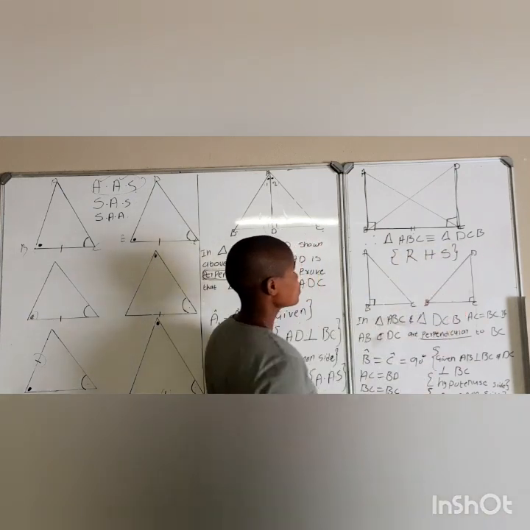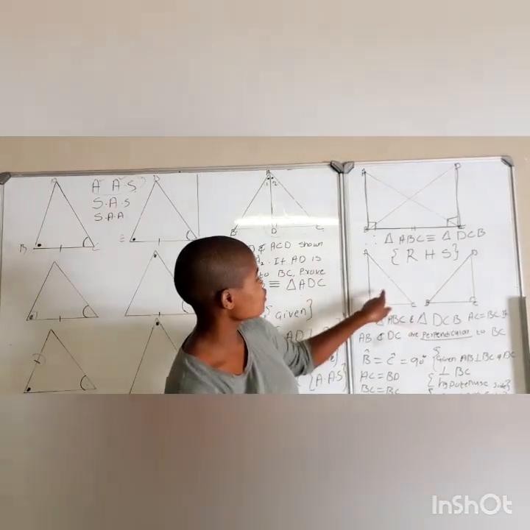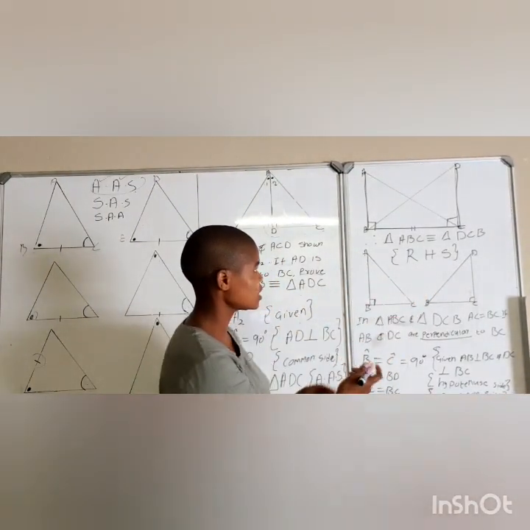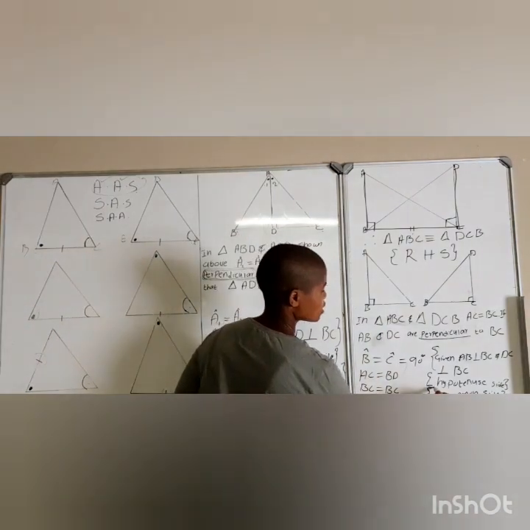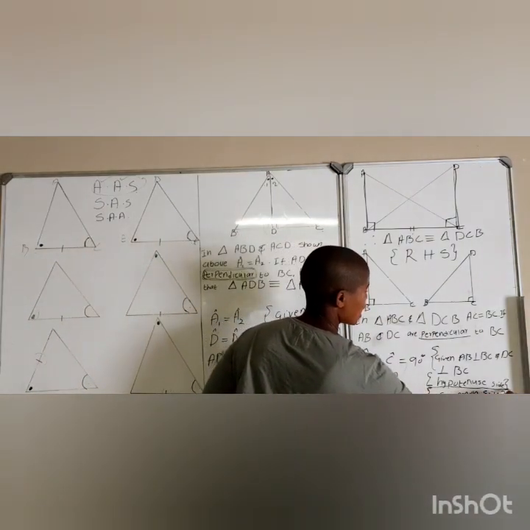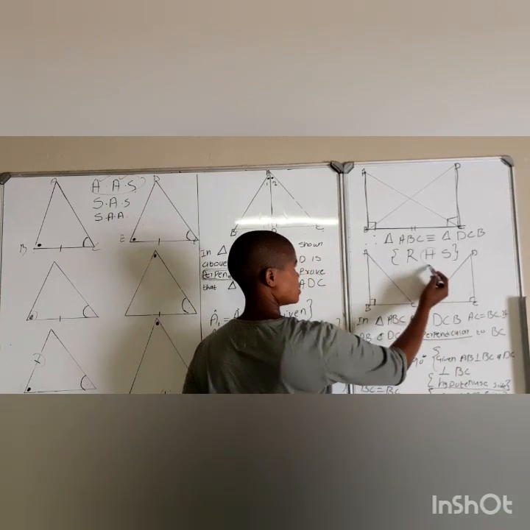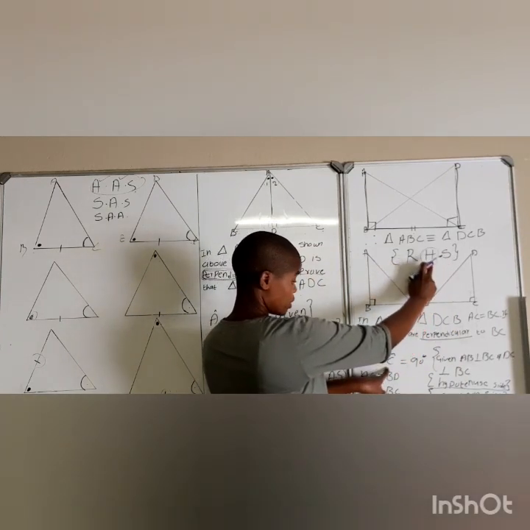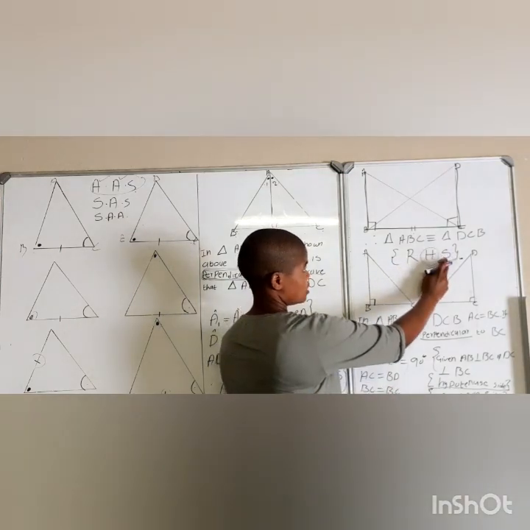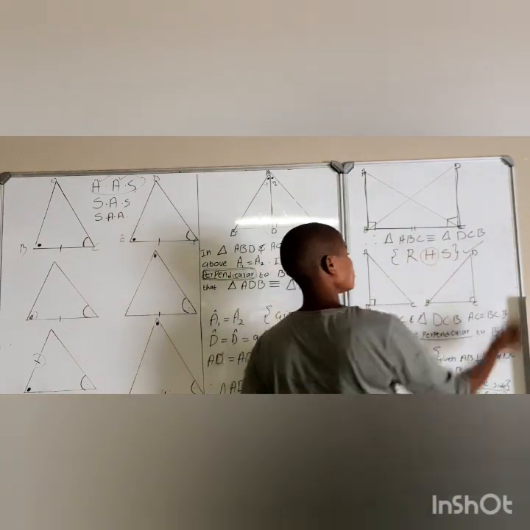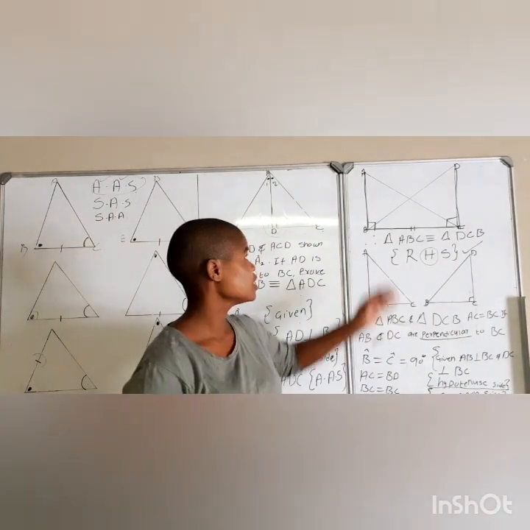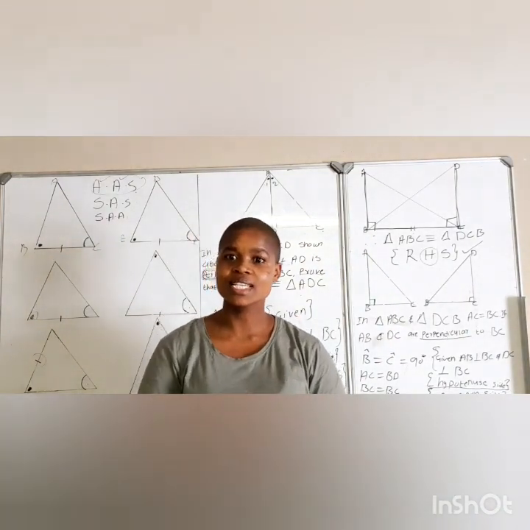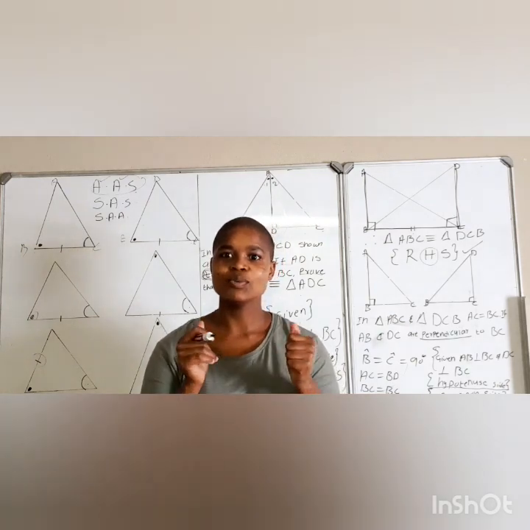This is for special triangles, which are right angle triangles, simply because we have a reason where we spoke about hypotenuse. So I must indicate that I use a right angle, hypotenuse, and a side. And therefore, with all that said, we have proven that these two triangles are congruent. I really hope that it makes sense and you will win at this.